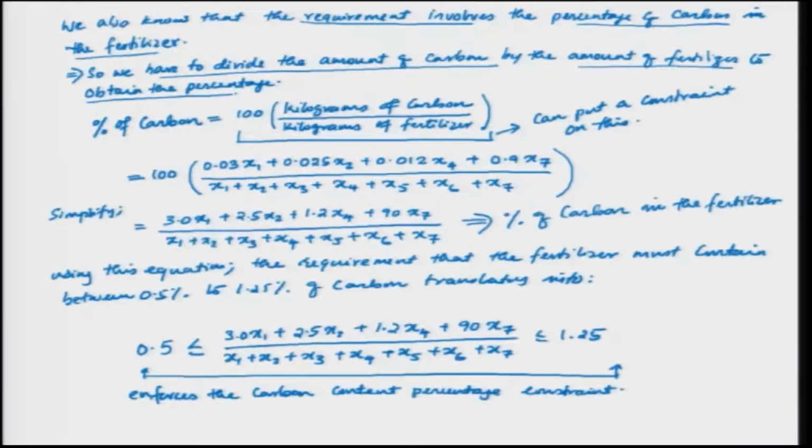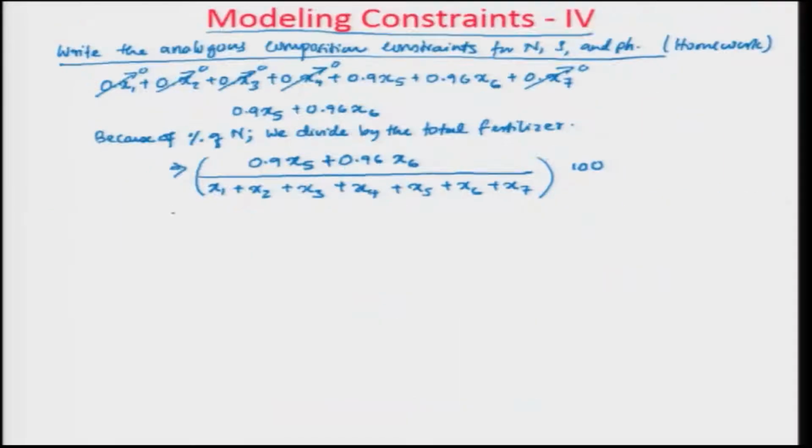Remember, it is the same fashion, the same constraint that we are trying to do at this point. Then we multiply this in, which gives us 90 x5 plus 96 x6 divided by x1 plus x2 plus x3 plus x4 plus x5 plus x6 plus x7.